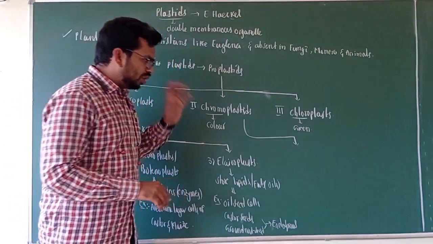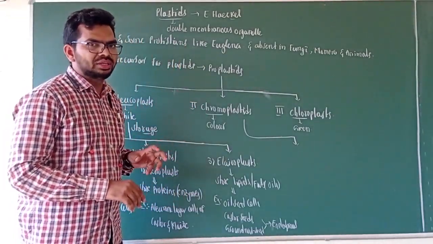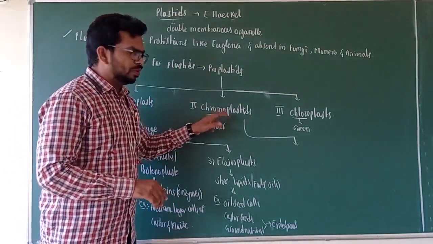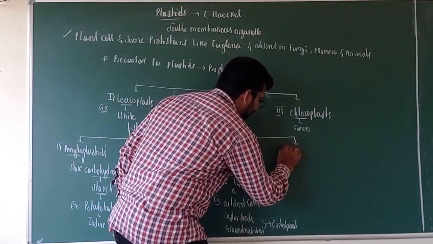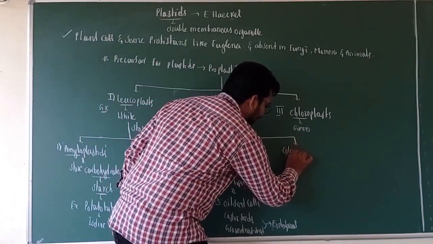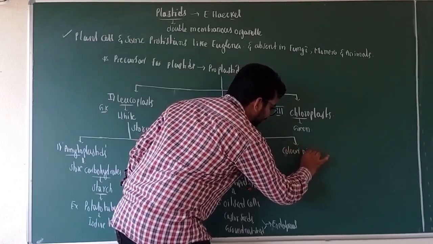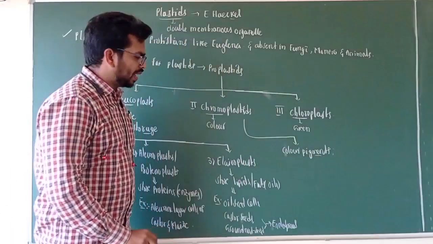Here I want to give some of the pigments that are responsible for color in the plant parts. The chromoplasts are responsible mainly by the color pigments that are present exclusively in the chromoplasts.